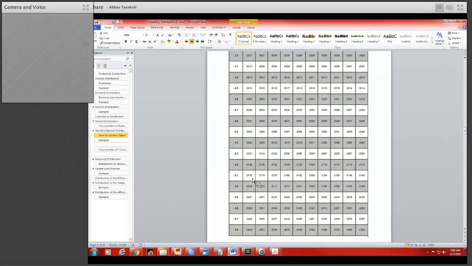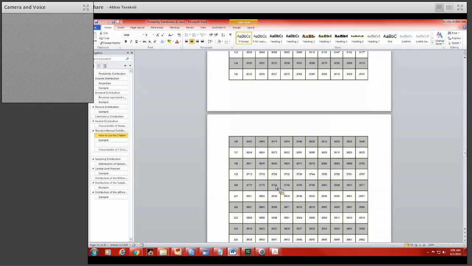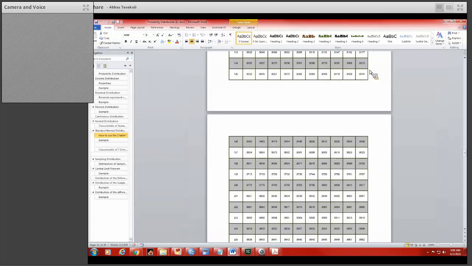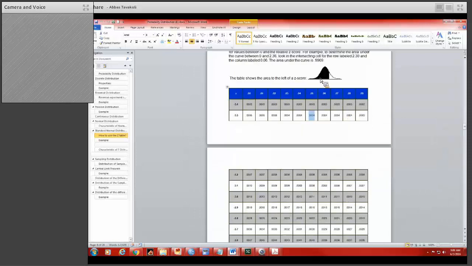Then you subtract the second term from the first area, probability z less than negative 2.1. So you go to your table, find these two probabilities and subtract. For negative 2.10, remember this is the 0 column, so negative 2.1 is 0.0179, remember that, and then you find positive 2.1 which is 0.9821.